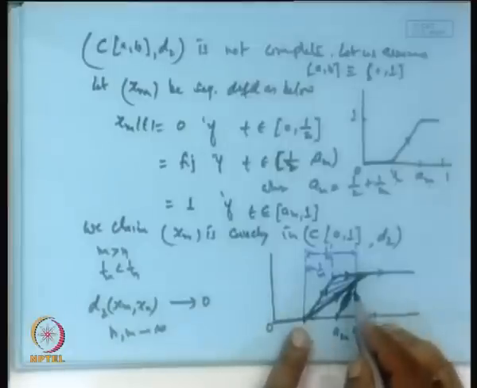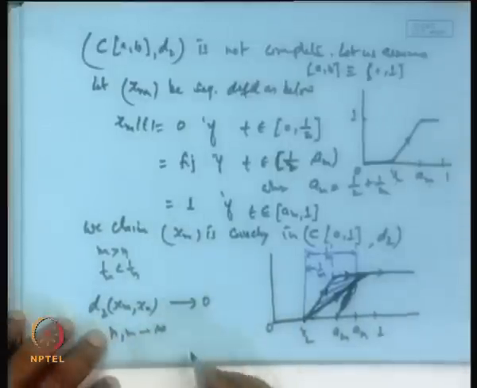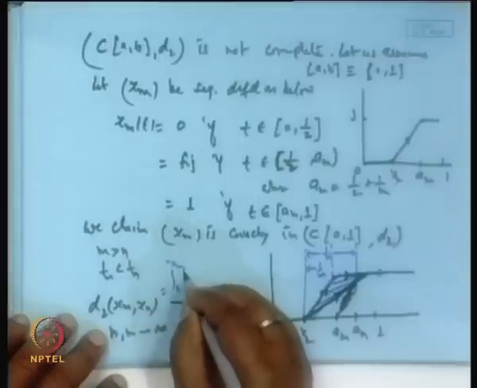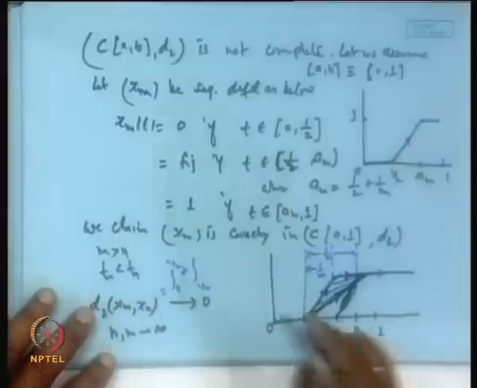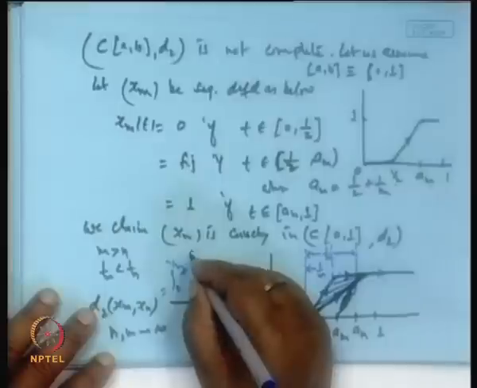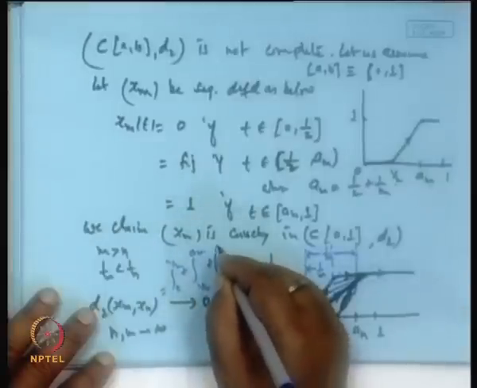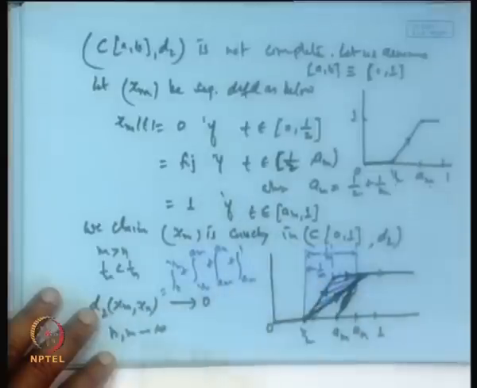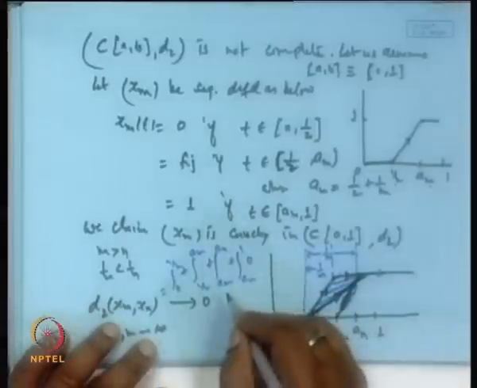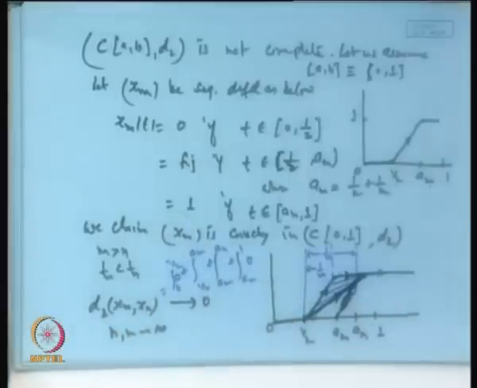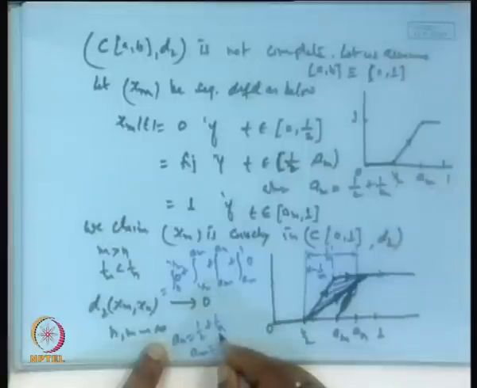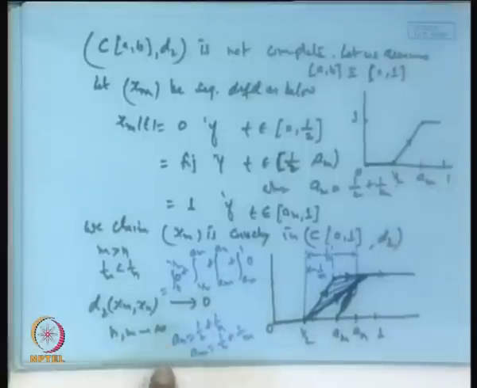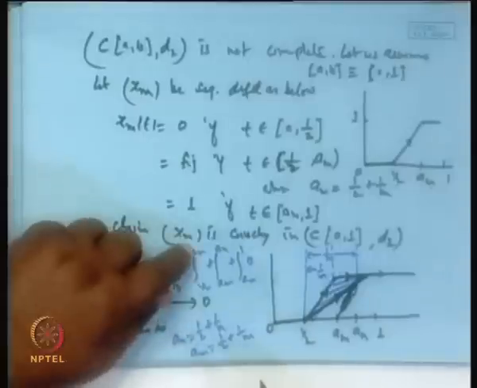Now, when you take d of this, what is this relation? 0 to 1/2, plus 1/2 to a_m, a_m to a_n, and a_n to 1, it is 0, the difference will be 0, here it is 0. Now, when n and m go to infinity, a_n is 1/2 plus 1/n, a_m is 1/2 plus 1/m. So when n goes to infinity, m goes to infinity, a_n will coincide with 1/2.